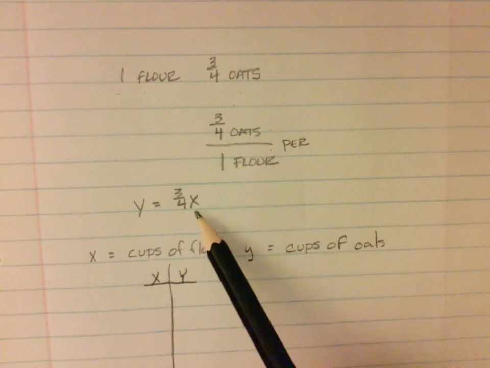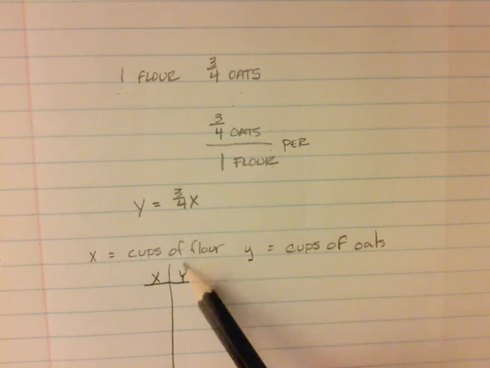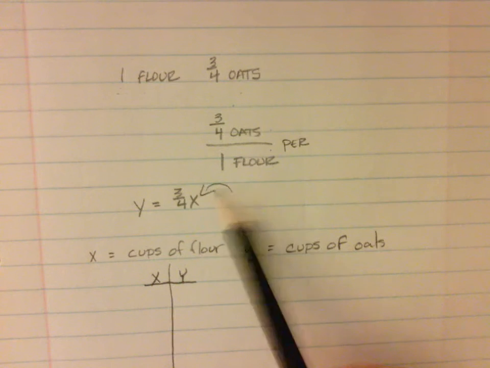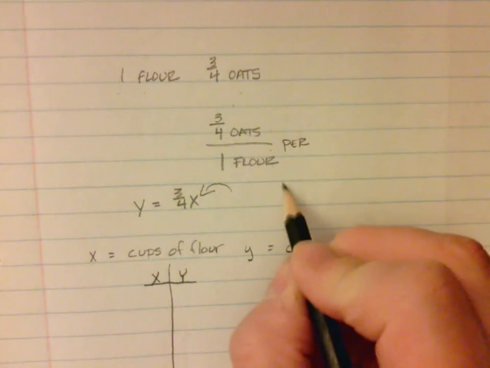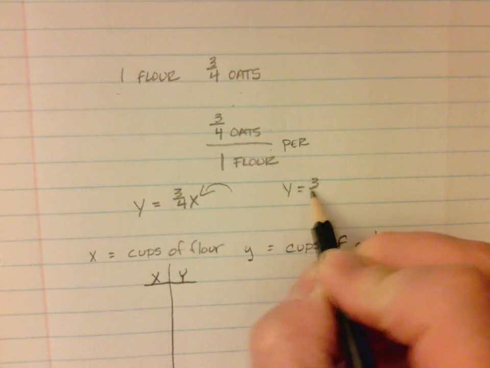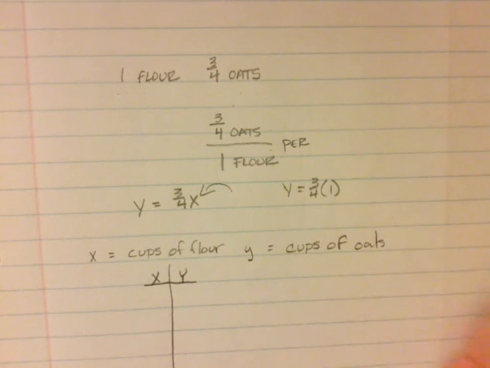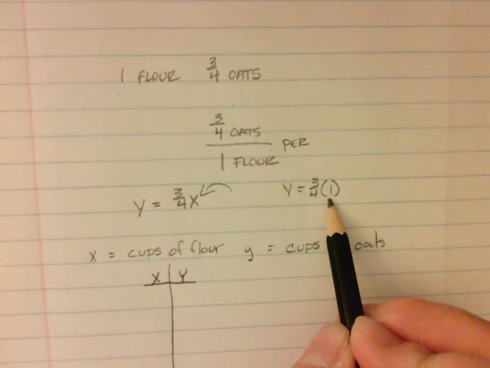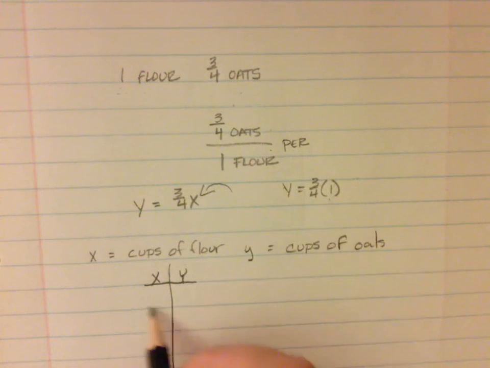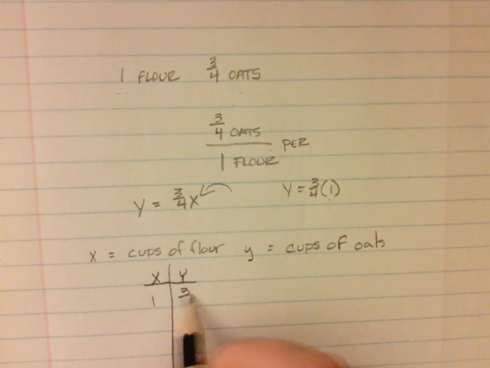And I'm going to say, well, if X is a cup of flour and I put in 1 cup of flour, that is 3/4 times 1. So if I have 1 cup of flour, I get out a Y value of 3/4. And that makes sense because that's my basic recipe.